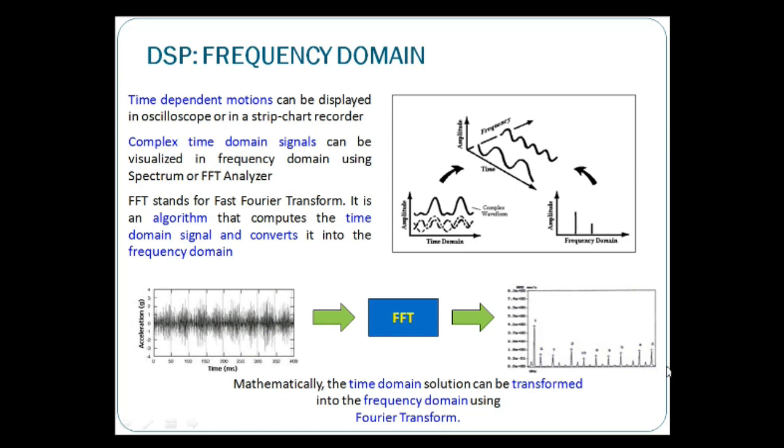We call it a spectrum, right? This is amplitude over time. FFT stands for Fast Fourier Transform, an algorithm that computes the time domain signal and converts it into the frequency domain.